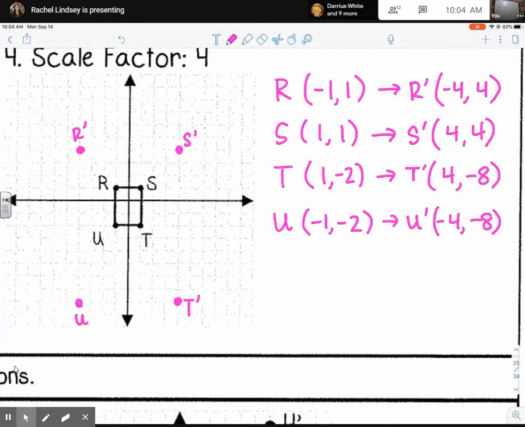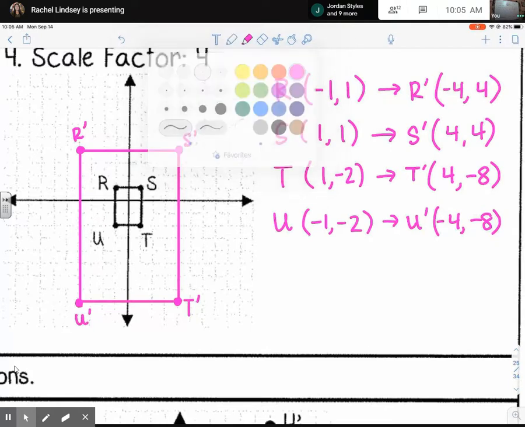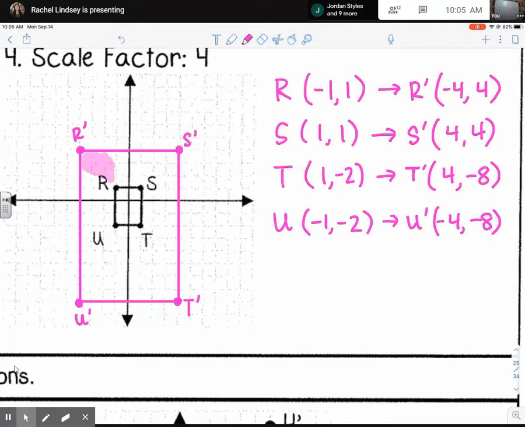Let's see. So did I reduce or enlarge that rectangle? I enlarged it because my scale factor was bigger than 1.